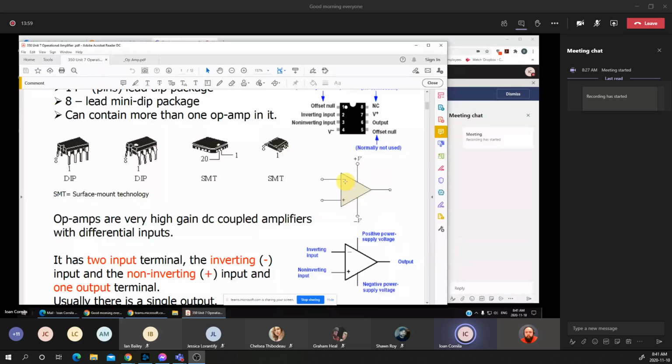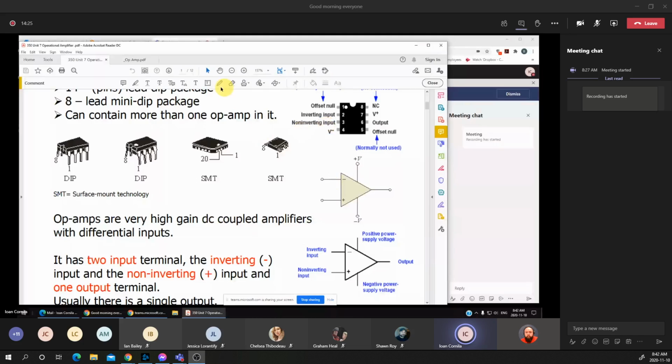What that means is that the negative label is the inverting input, and the non-inverting input is labeled with a positive sign.